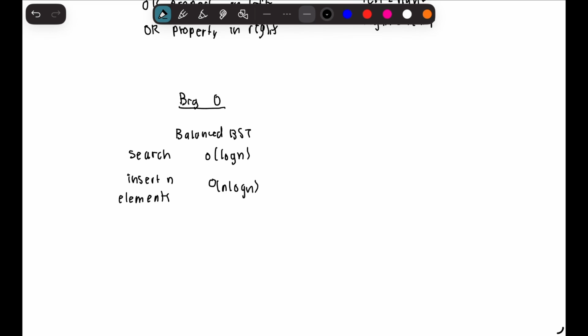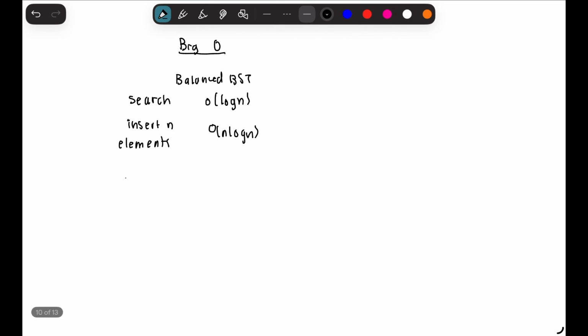Now for your worst case BST, you have a search of O(n) and inserting n elements is going to be O(n squared).